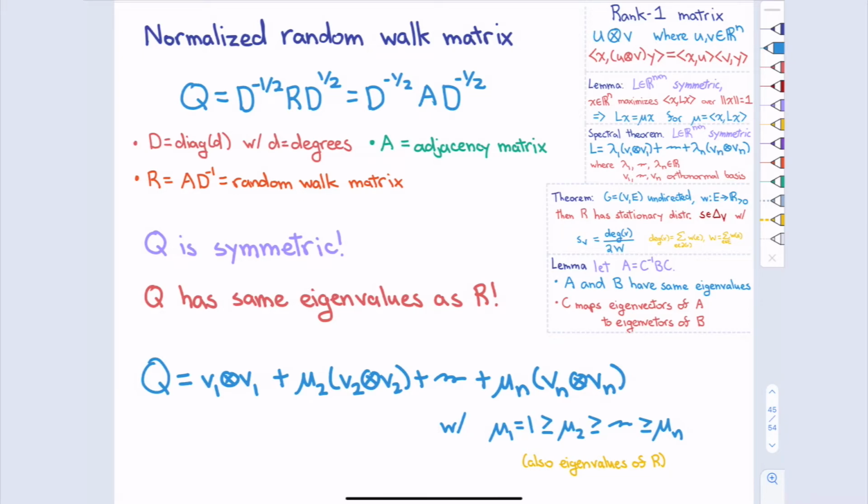All right. We can figure out what v1 looks like. How do I figure out exactly what v1 is?